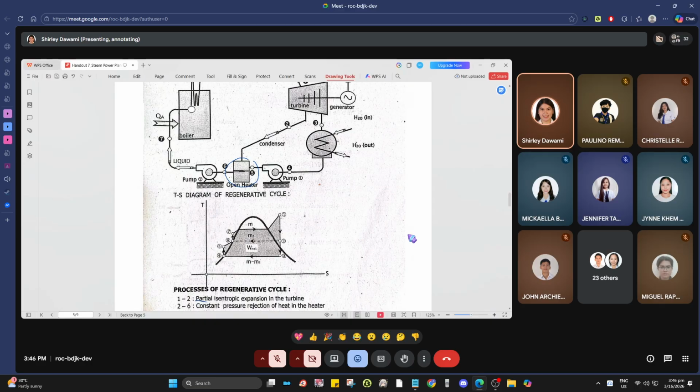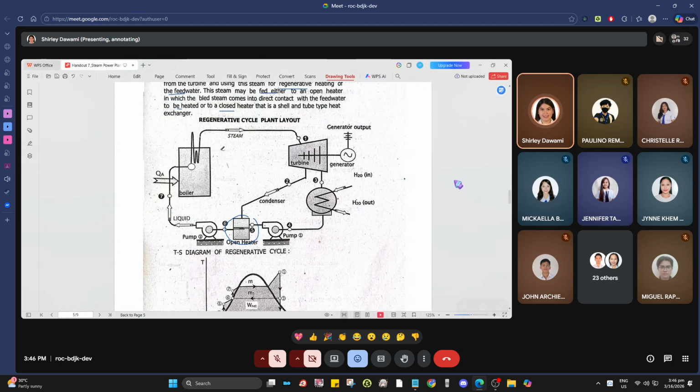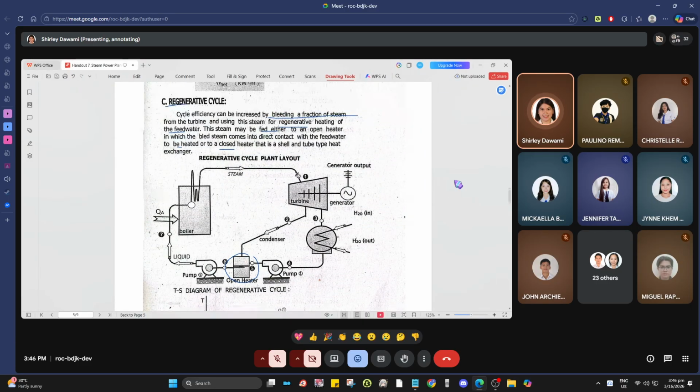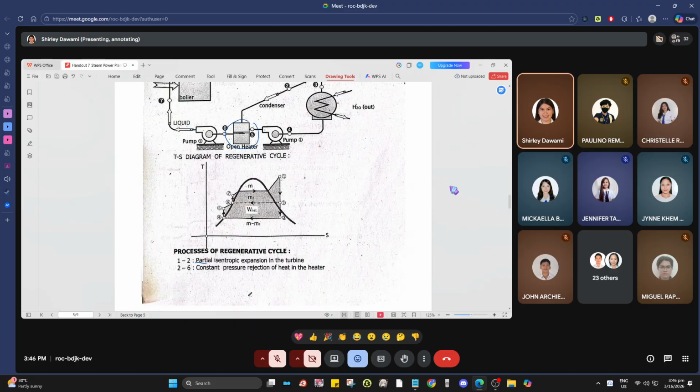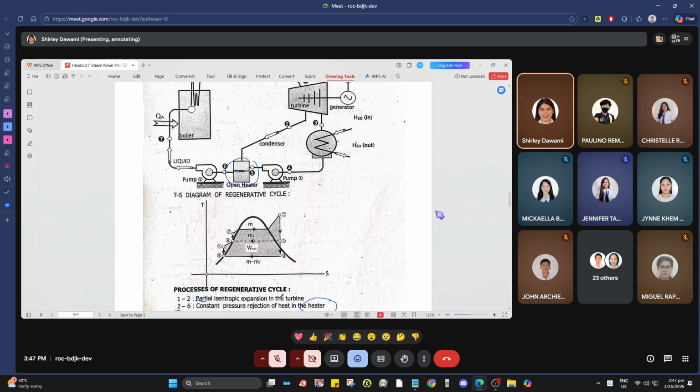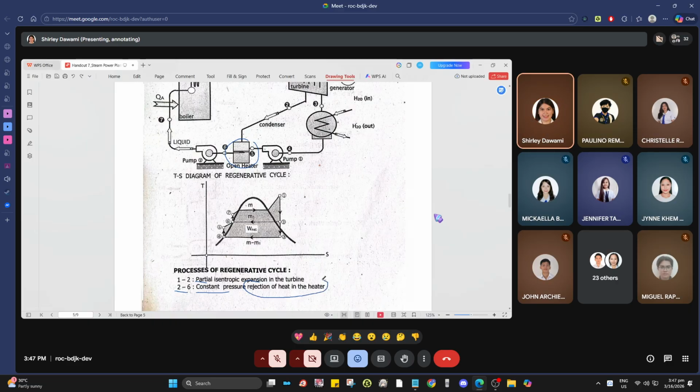So that is process 1 to 2. Then process 2 to 6 is a constant pressure rejection of heat in the heater.